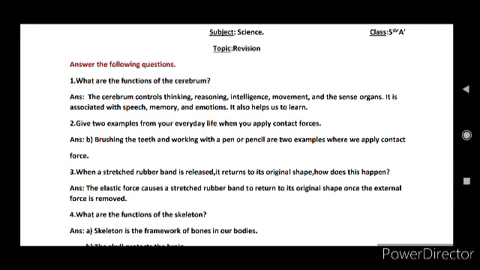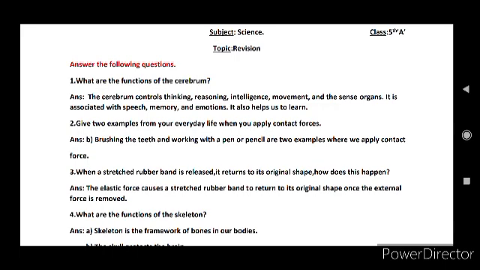Next, when a stretched rubber band is released, it returns to its original shape. How does this happen? The elastic force causes a stretched rubber band to return to its original shape once the external force is removed.